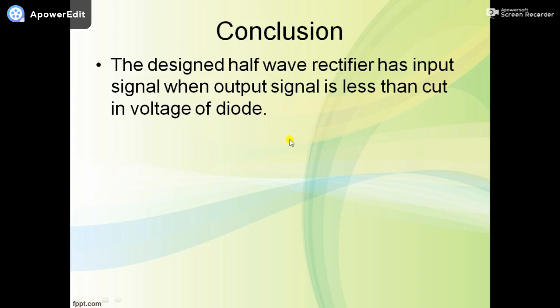That is the concept of precision rectifier. So with the help of this precision half-wave rectifier circuit, we rectified the voltage, and that voltage is below the 0.7 volt cut-in voltage of the diode.